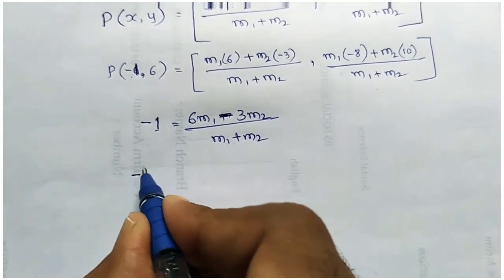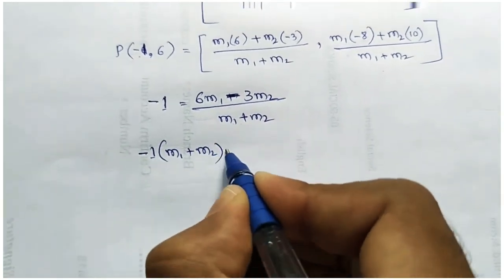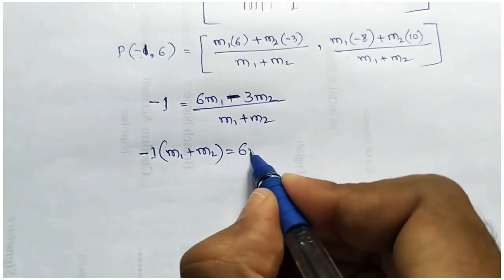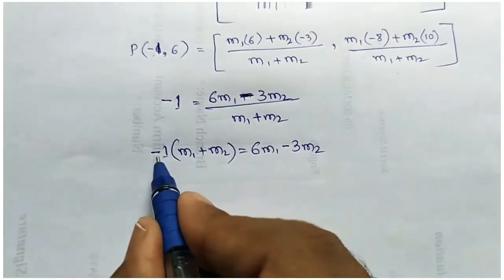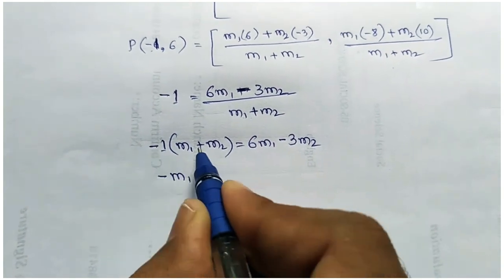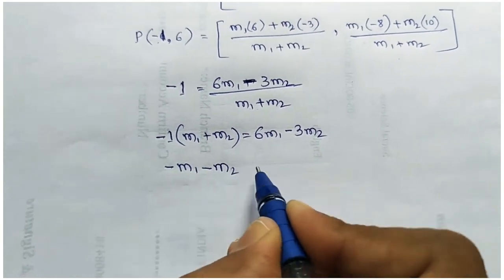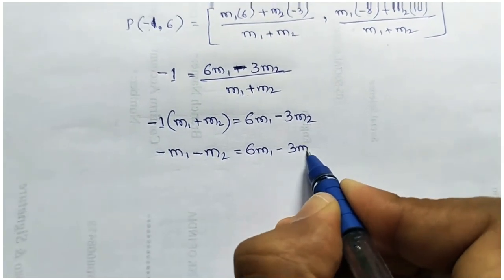Let's see, m1 plus m2 into minus 1. Minus 1 into m1 plus m2, taking to the left side. So here 6 m1 minus 3 m2. Minus 1 into m1 minus m1, minus into plus minus m2 equal to 6 m1 minus 3 m2.